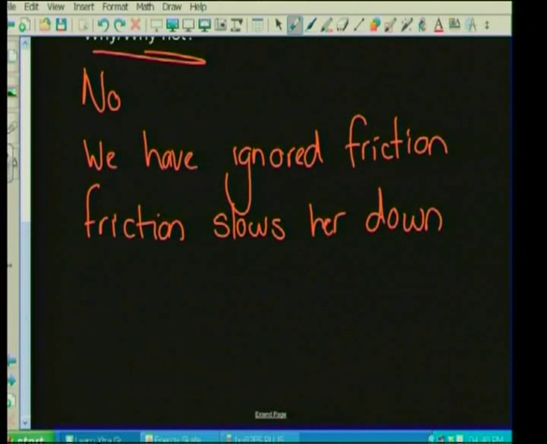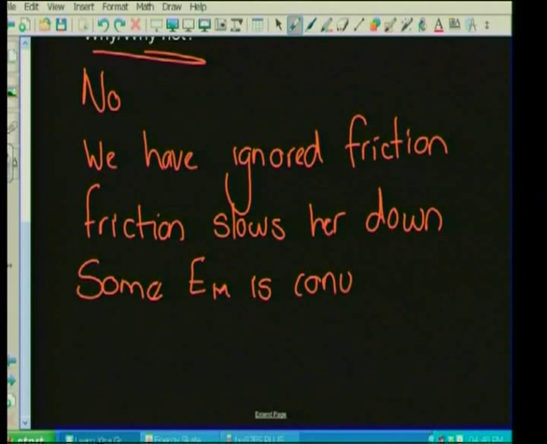And what will happen is some of the mechanical energy will be converted to heat. Okay, so some of that potential energy she has right at the top of that motion is converted to heat as she travels down. This happens with any object that's falling.